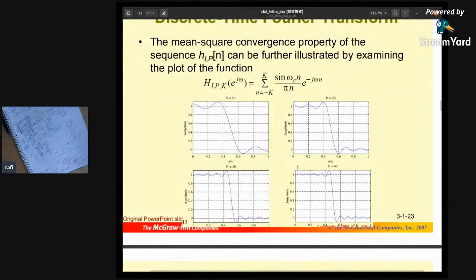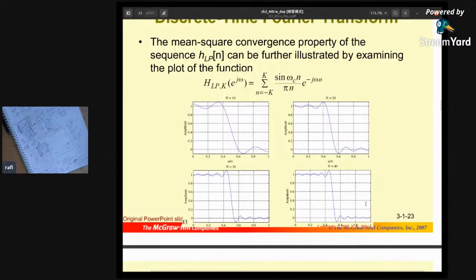This effect is called the Gibbs phenomenon. Wherever a discontinuity is there, if you try to approximate that spectrum with sinusoids or complex exponentials, however many sinusoids you take, H k of e power j omega will never be equal to the actual DTFT because of these oscillations.